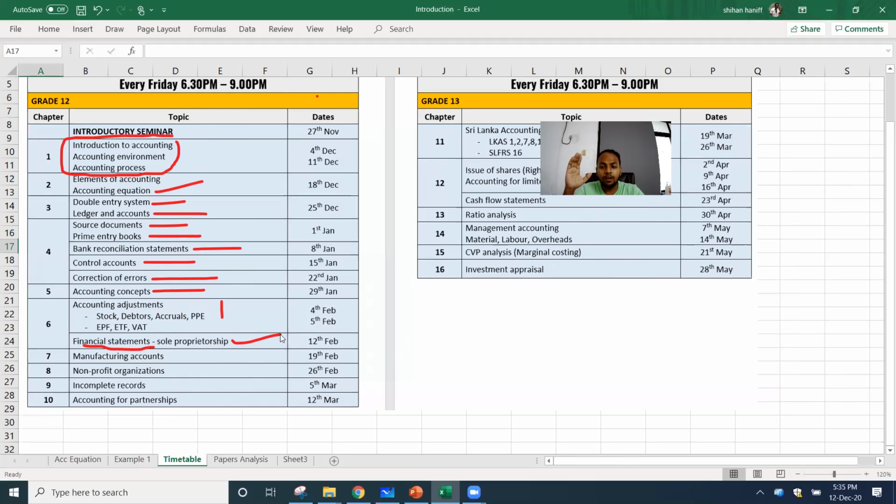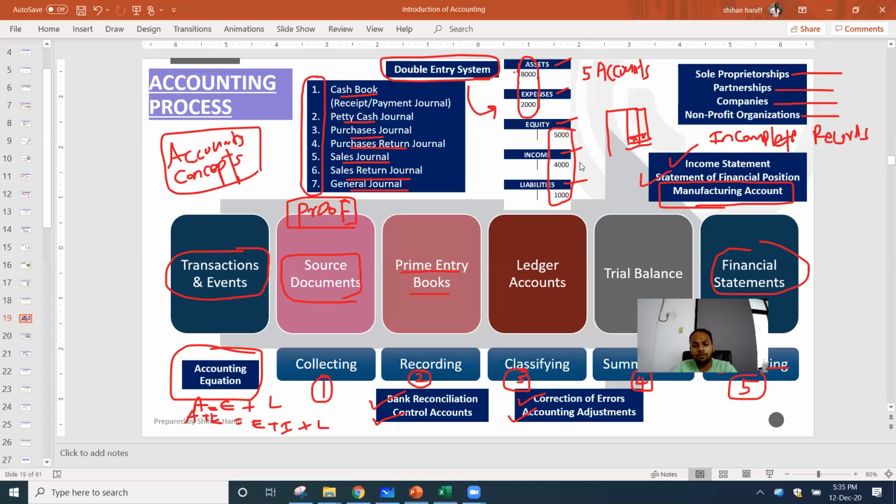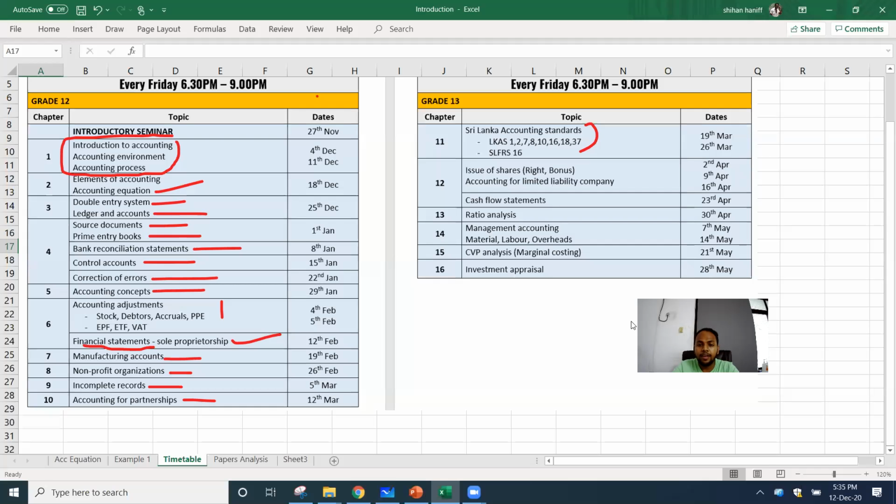Once you learn the financial statements, the format of income statement, statement of financial position, you have to do it for sole proprietorship and manufacturing accounts, non-profit organization, incomplete records, accounting for partnership, and the accounting standard also here, accounting adjustments and accounting standards. Accounting standards comes after the trial balance, before preparing the financial statements, right? Then the limited liability companies.